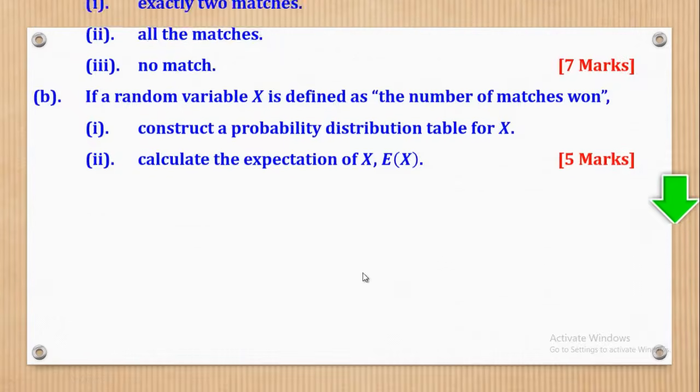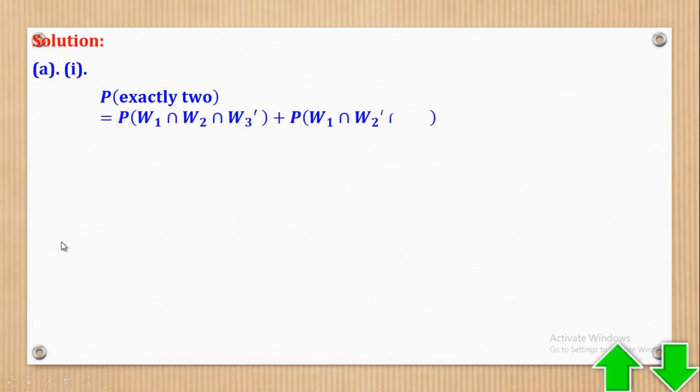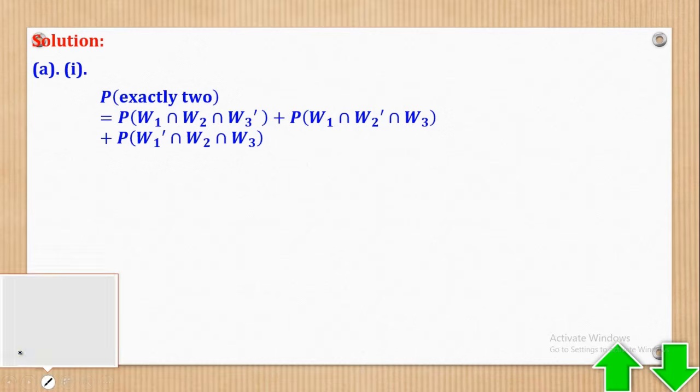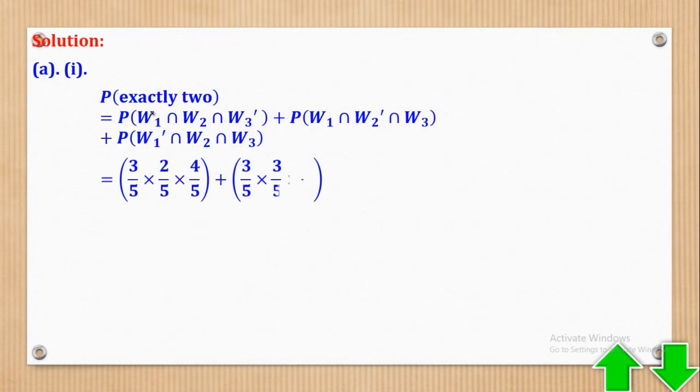So you start with part A. So the probability of winning exactly 2, it means that you win first and second and you lose third, or win first and third you lose second, or win second and third you lose first. Therefore, when I substitute, we are given this is for winning first, winning second, and losing third.